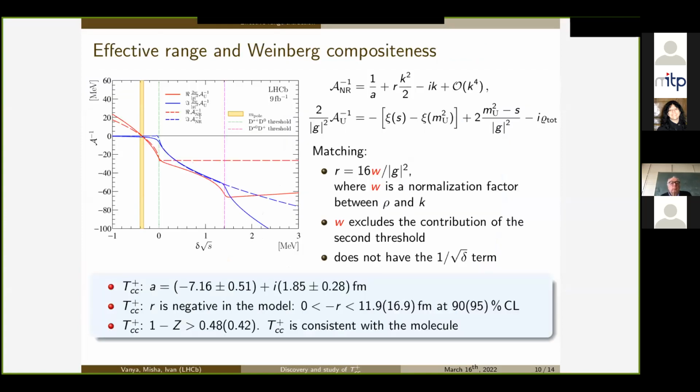So in the vicinity of the pole, we can make an expansion of the amplitude, and we can try to match it to the non-relativistic analog.